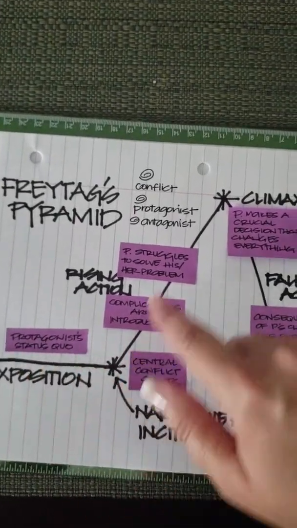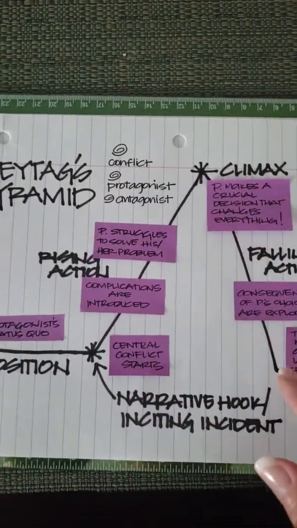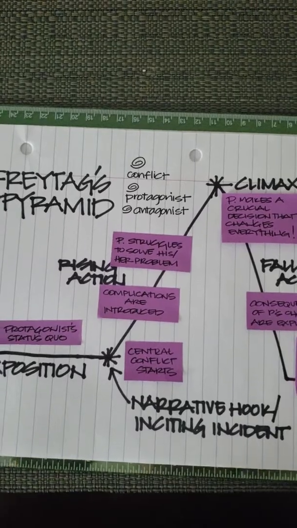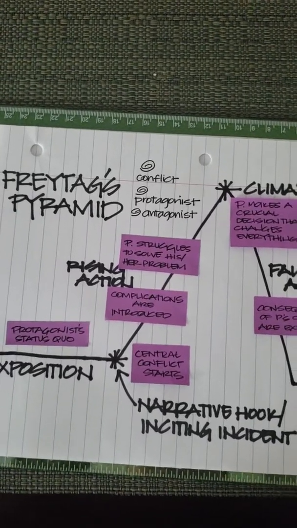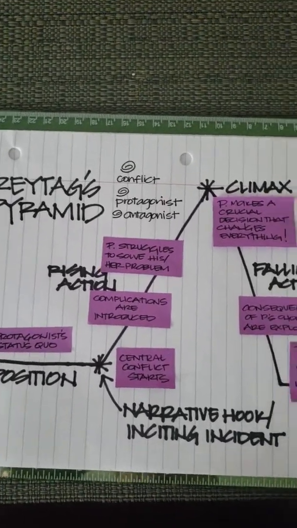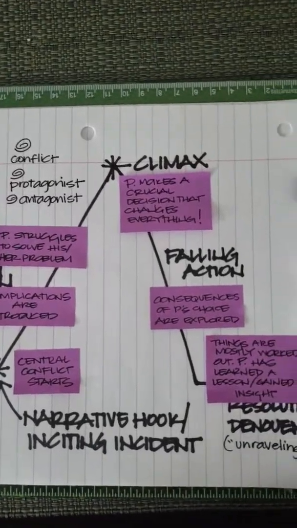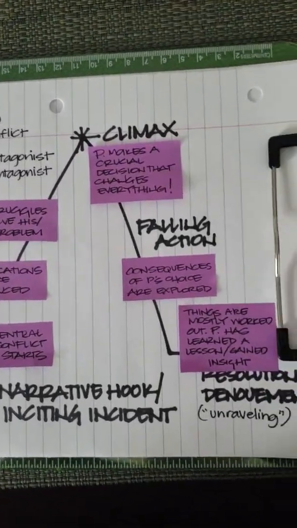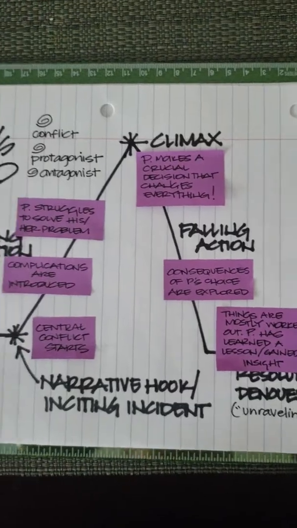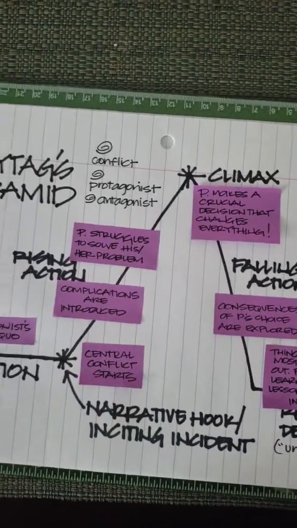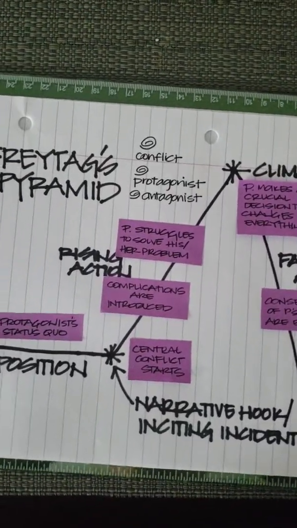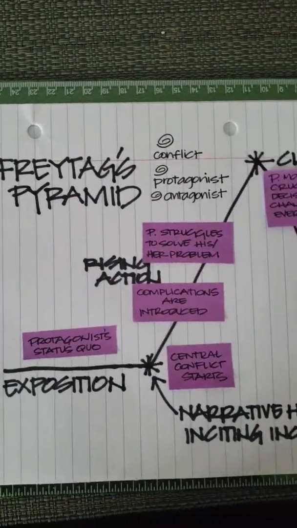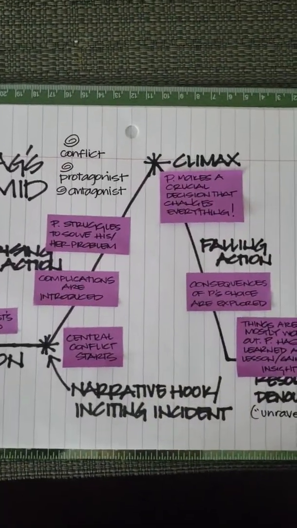So when you think about Freytag's pyramid, think about it not only in terms of this happens, this happens, this happens, but think about it as a tool for how the protagonist is going to change and learn and grow. Just like you change and learn and grow by going through difficulties and struggles in your own life, protagonists in fiction do the same thing.